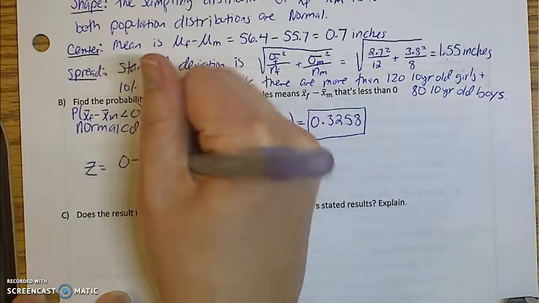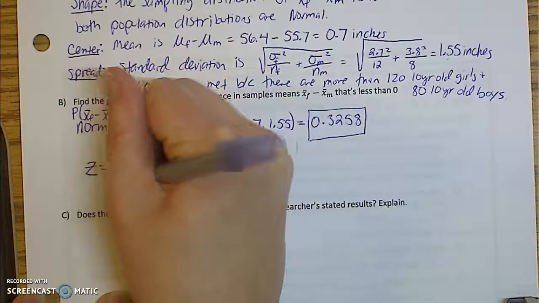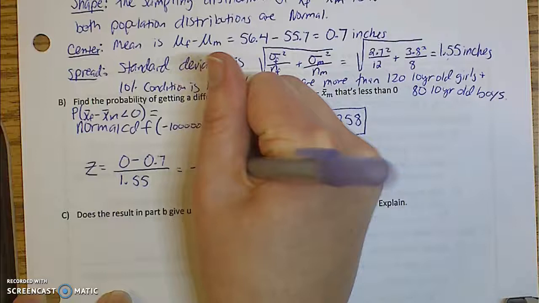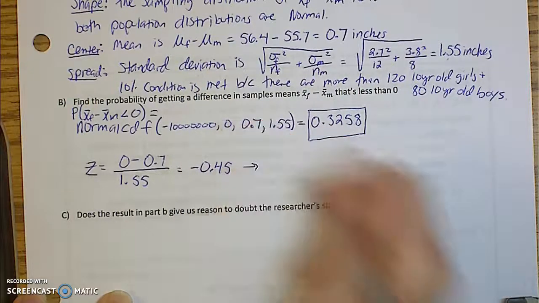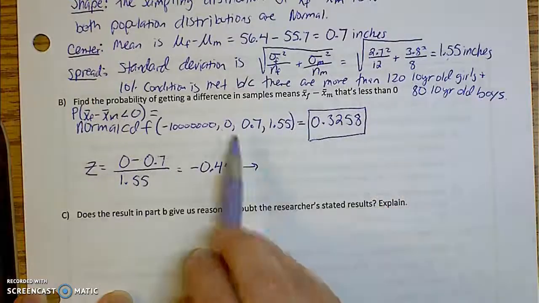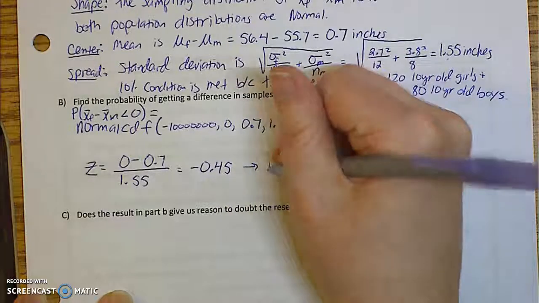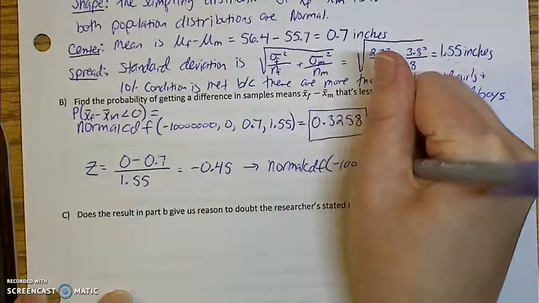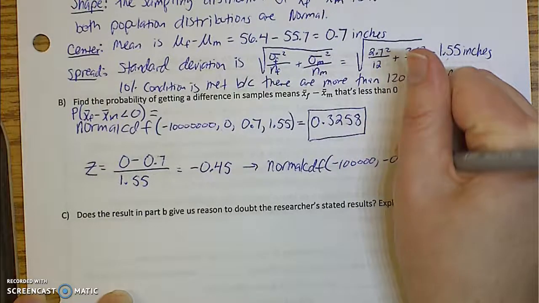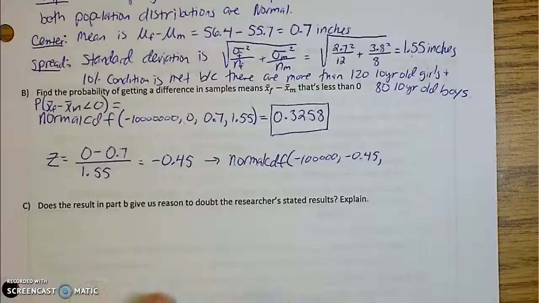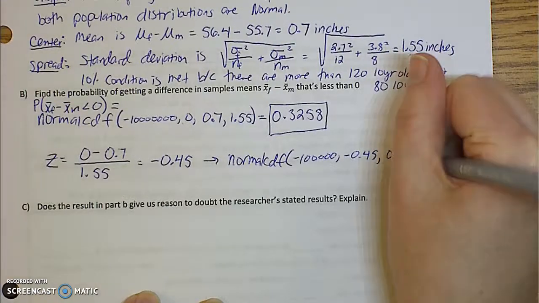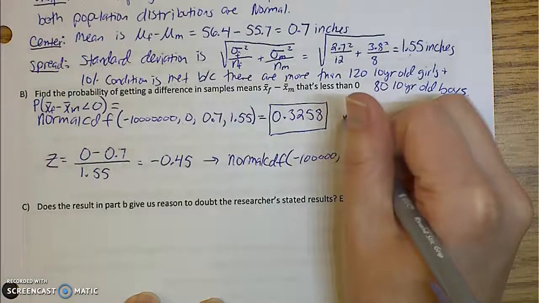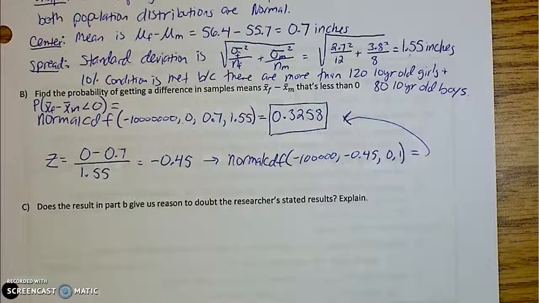So if I did 0 minus 0.7 over 1.55, I would have gotten a z-score of negative 0.45, which then I would have again done my normal CDF, but instead of using these values, I would have used a really small number, my z-score, and then just 0 and 1, because those are my go-to means. And it's still going to give me the same thing, more or less. Okay?